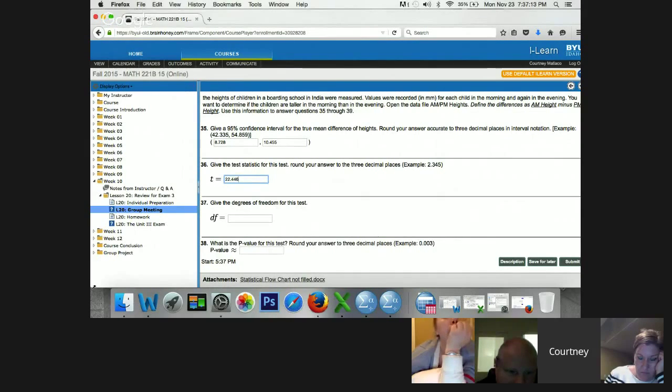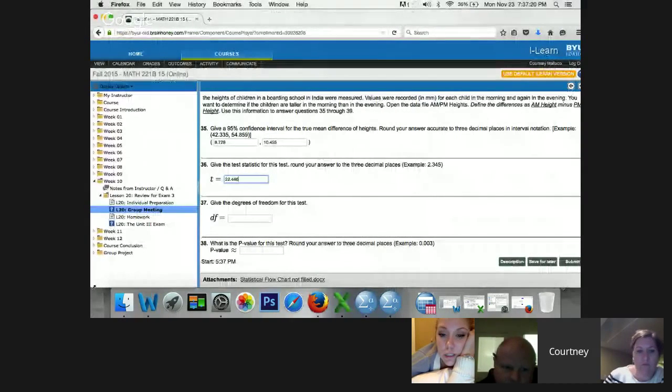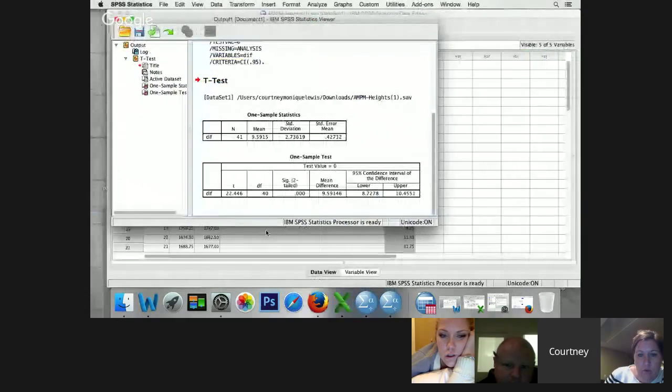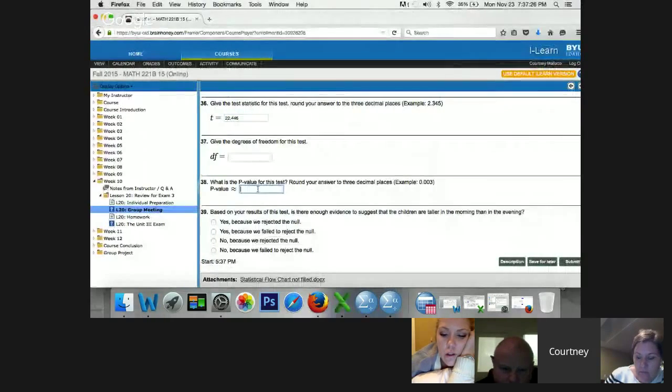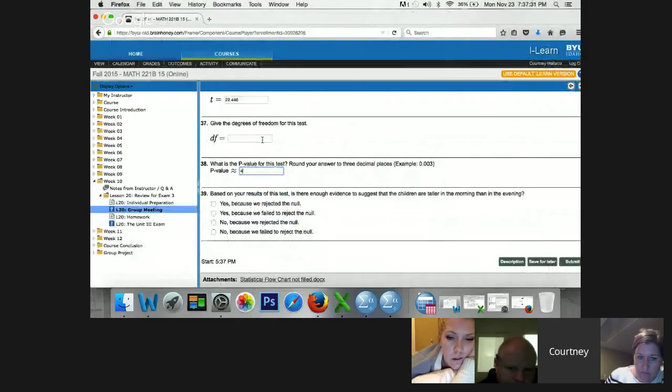And the t statistic is what? 22.446. Yep. Degrees of freedom was 40. And the p-value? I put mine in the wrong box. P-value is 0.000.